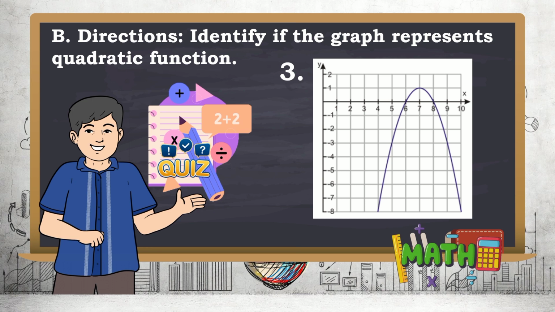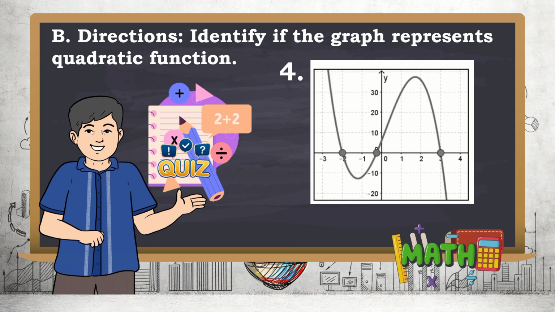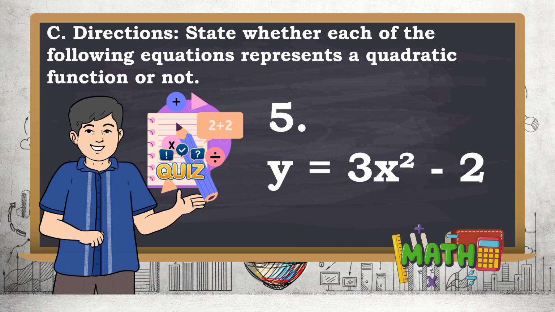Letter B, identify if the graph represents a quadratic function. It's number 3. Number 4. And letter C, state whether the equation represents a quadratic function or not. Number 5, y is equal to 3x squared minus 2.